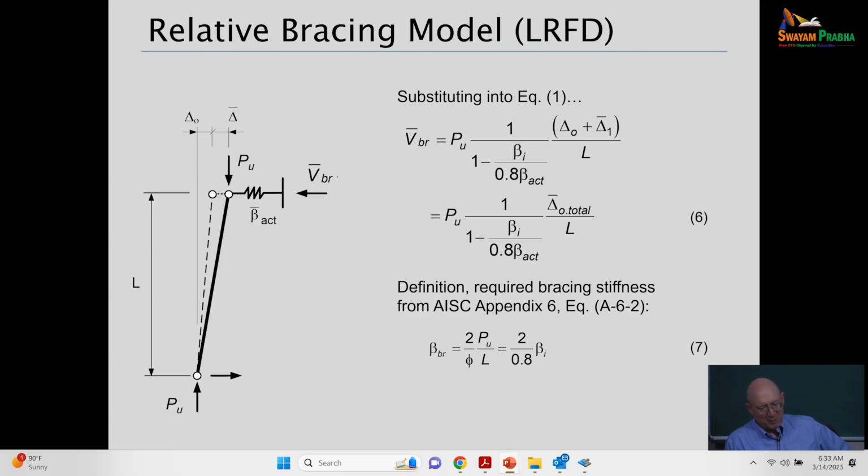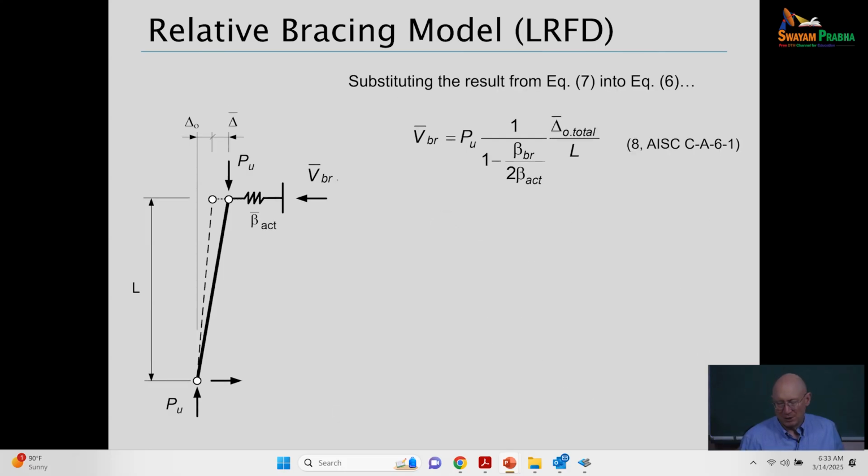So we want at least 2 times the ideal bracing stiffness, and we're going to divide that by 0.8 as an additional margin of safety. If we rearrange this, let's solve for the ideal bracing stiffness in terms of the required bracing stiffness. Ideal bracing would be 0.8 times beta BR over 2.